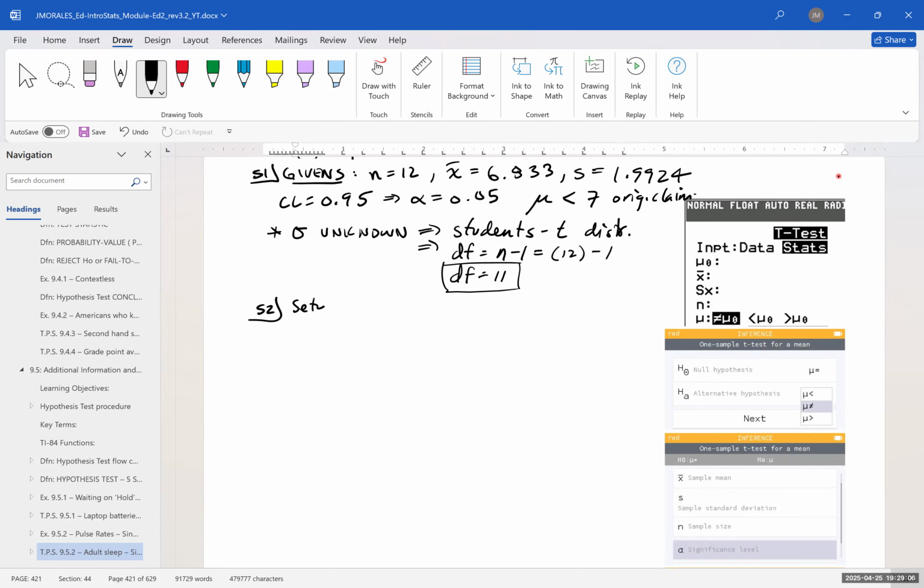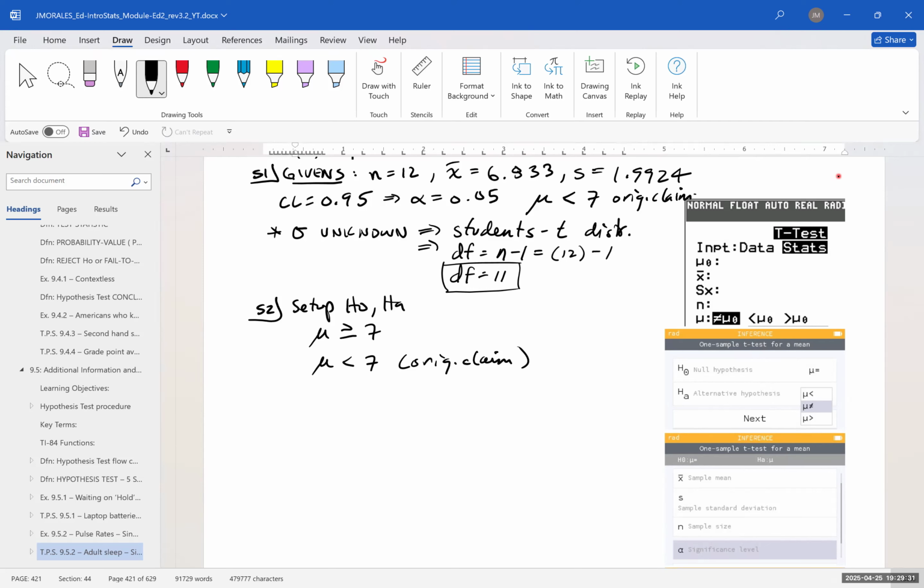This is to set up our null and alternate hypotheses. So we've got the inequality mu is less than 7. That is our original claim. The complement to less than 7 will be greater than or equal to.